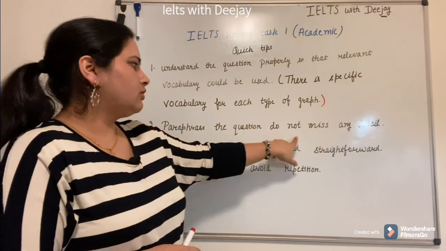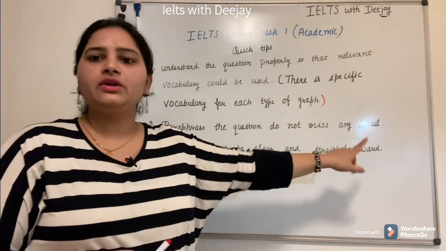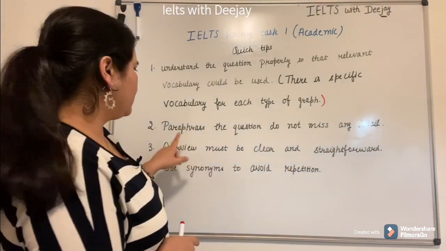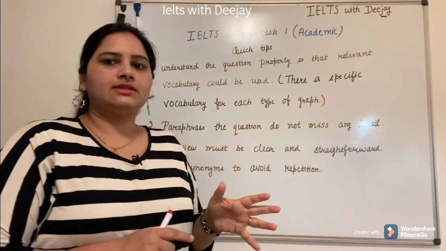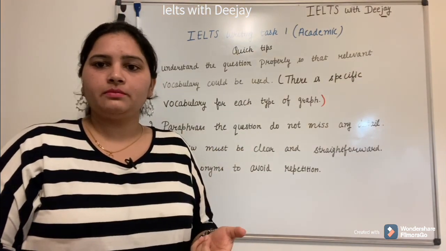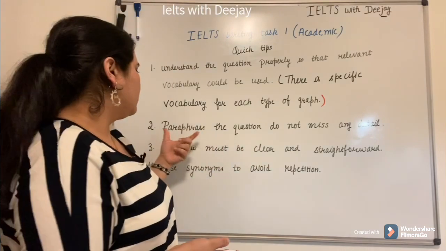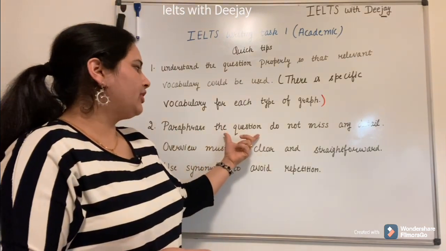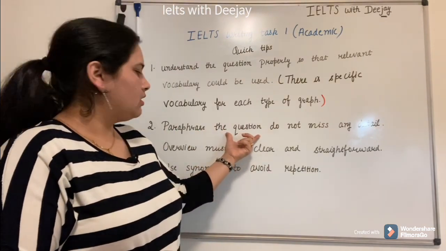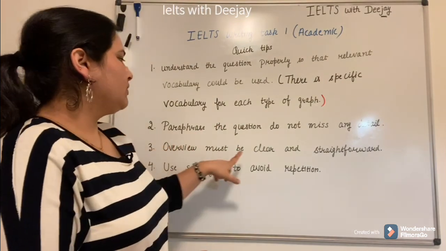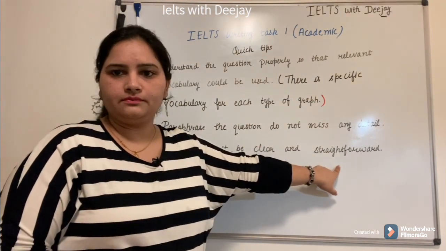Paraphrase the question, do not miss any detail. No details should be missed, because that is the first thing, the first impression that you will be having on the examiner, the introduction, where you will be paraphrasing the question. Okay, then overview must be clear and straightforward.